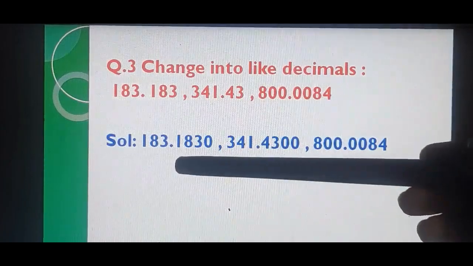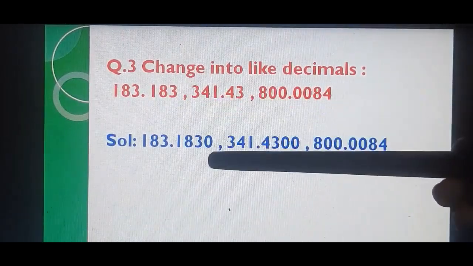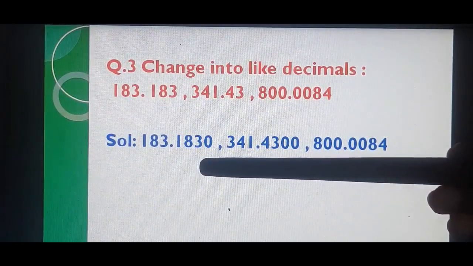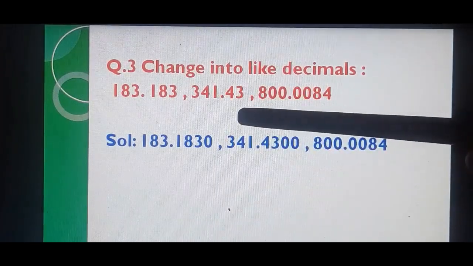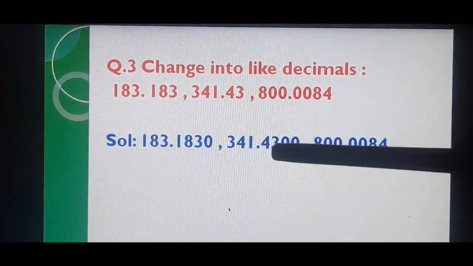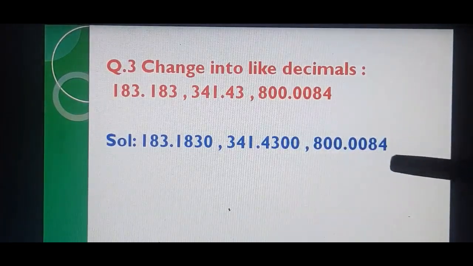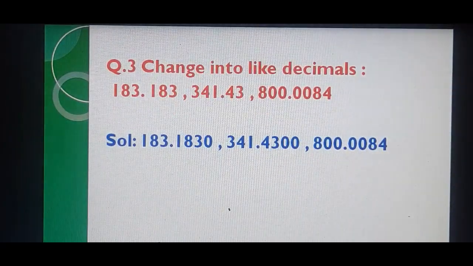So our first number will become 183.1830. The 0 will be taken to the right side, not in between. 341.4300. 800.0084. Now these are converted into like decimals.